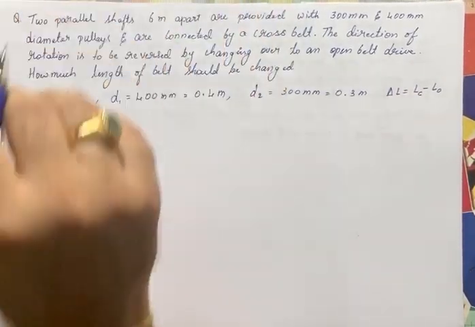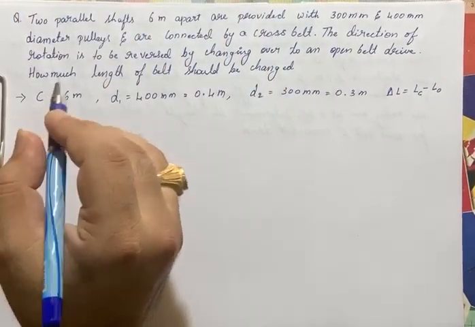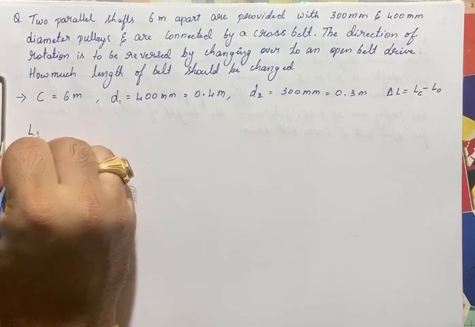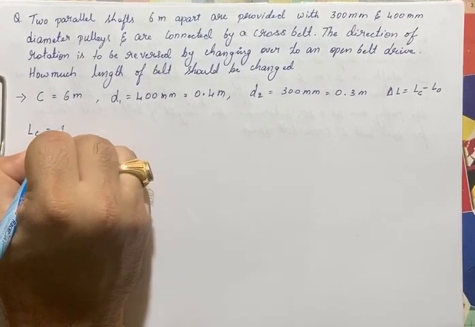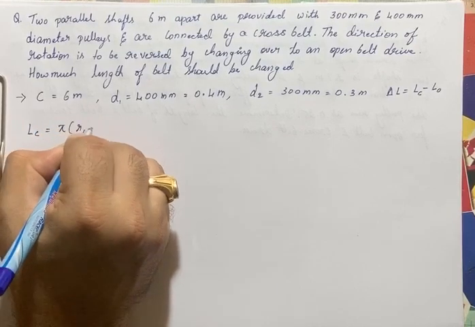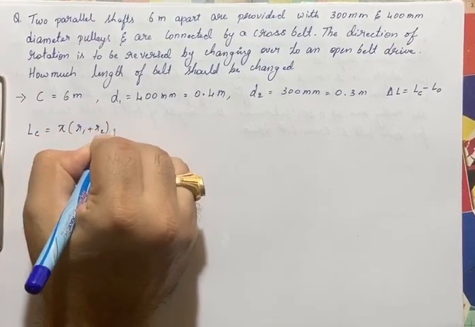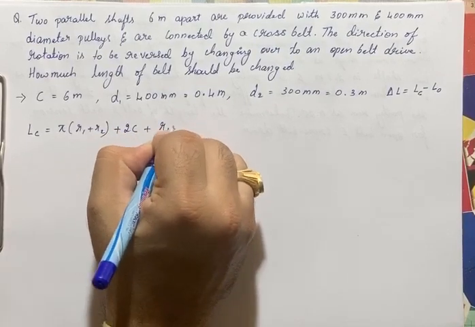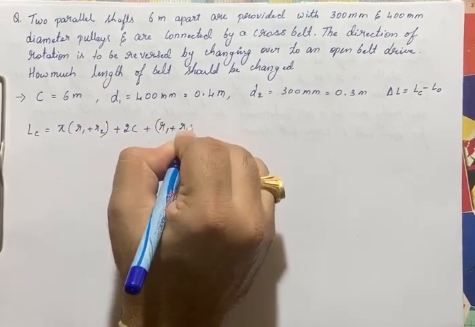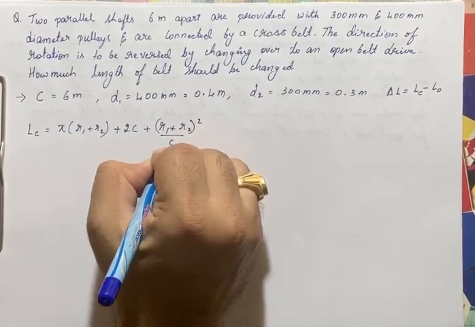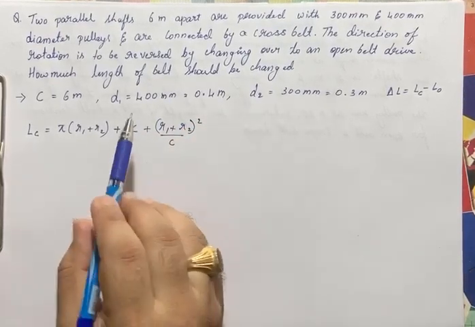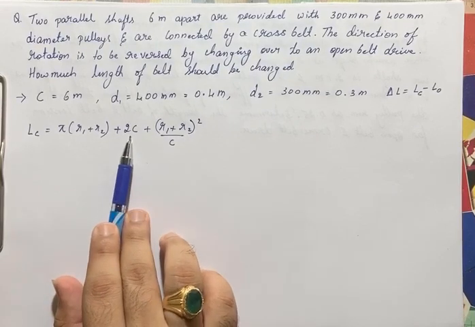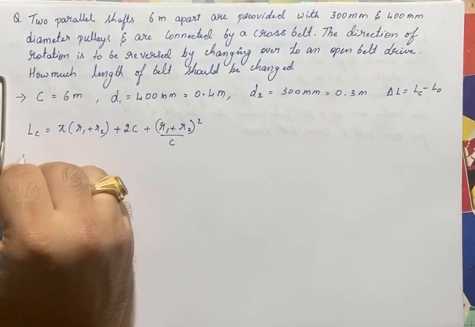Initially it is a cross belt drive, so the formula of the cross belt drive is LC is pi into R1 plus R2 plus 2C plus R1 plus R2 whole square divided by C. Here we know the diameters D1 and D2, so R1 and R2 are known, and C is also known, so I can directly substitute.